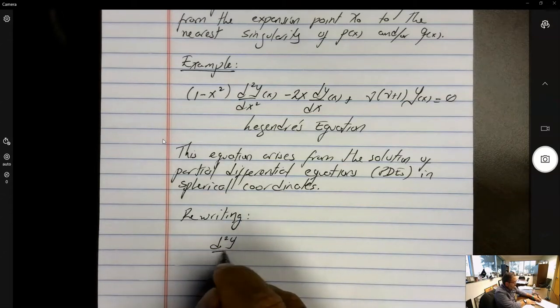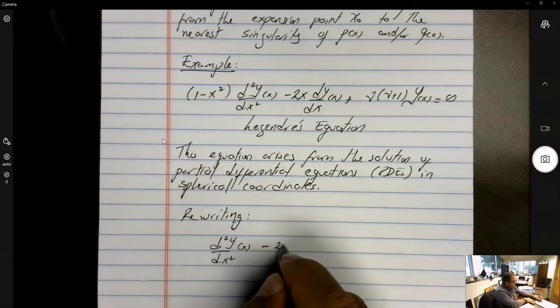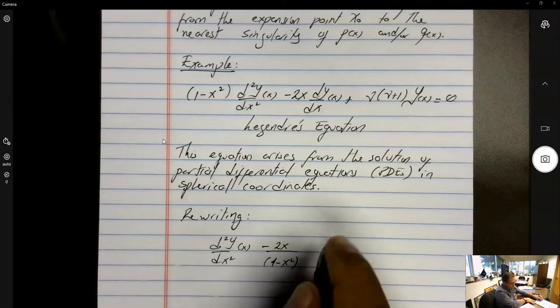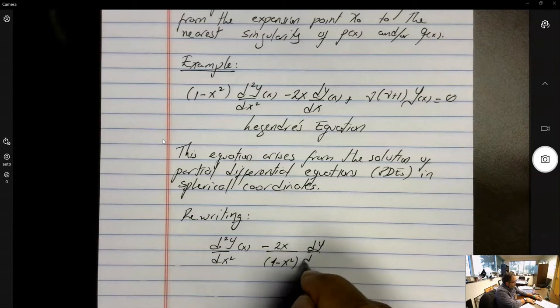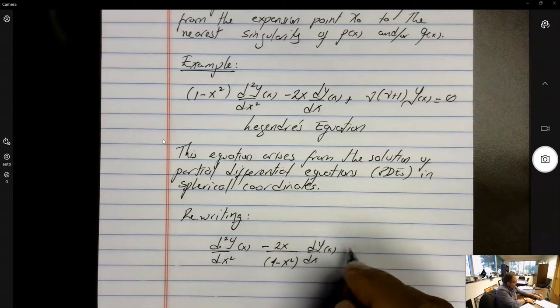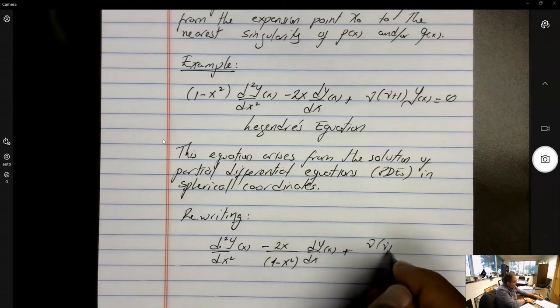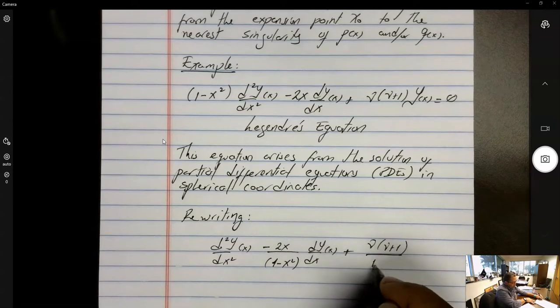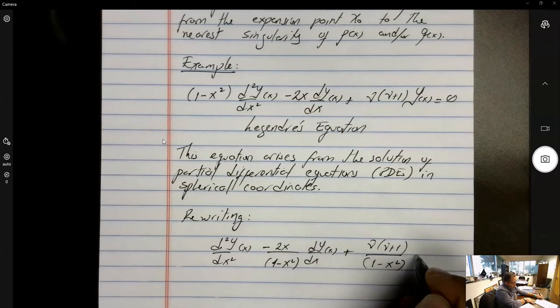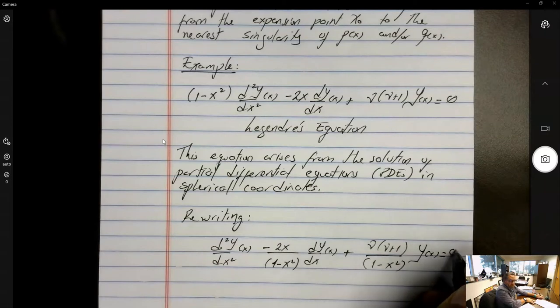The second derivative d2y/dx squared, minus 2x divided by 1 minus x squared, dy dx, plus nu times nu plus 1 divided by 1 minus x squared, times y of x is equal to 0.